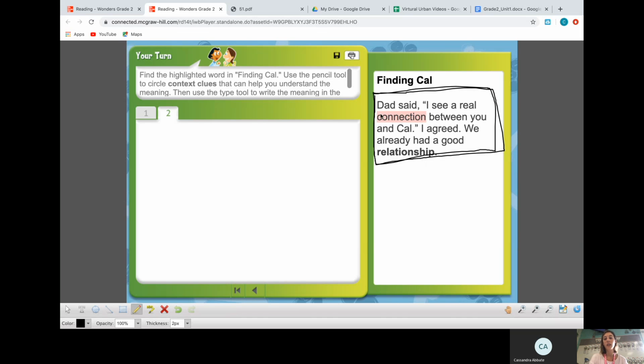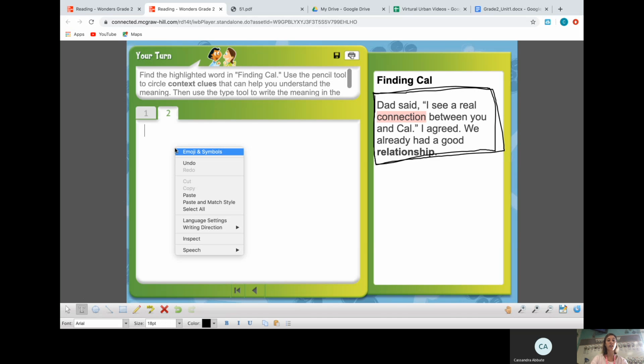I'll read it again. Dad said, I see a real connection between you and Cal. I agreed. We already had a good relationship. So pause the video and I want you to write down on your paper some of those context clues that helped you figure out what connection means. And then I want you to go ahead and write down your definition for connection. Go ahead.